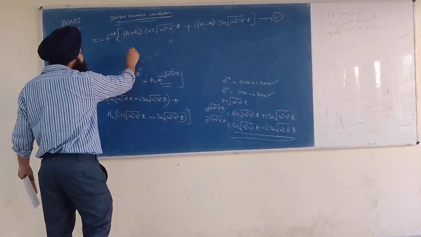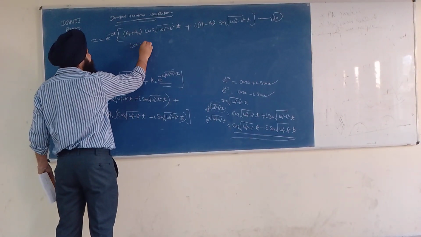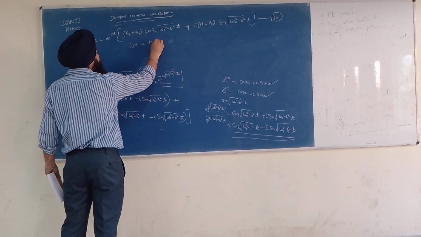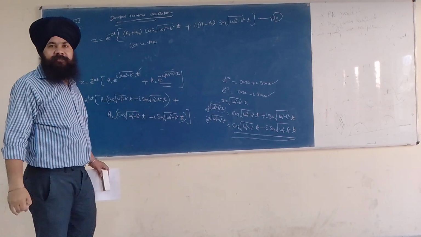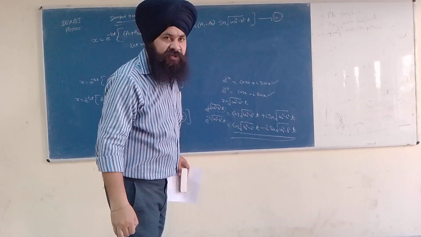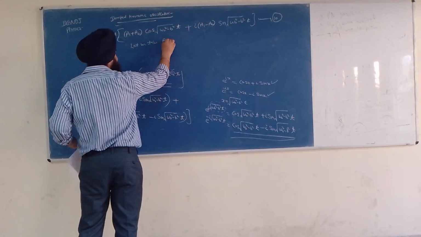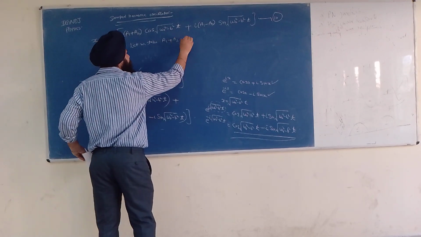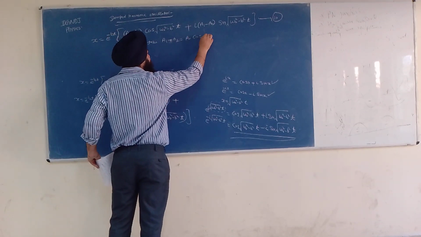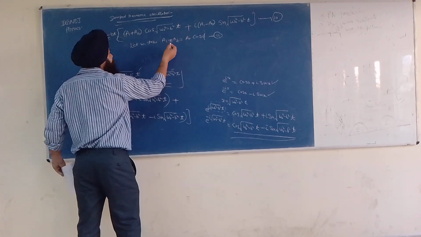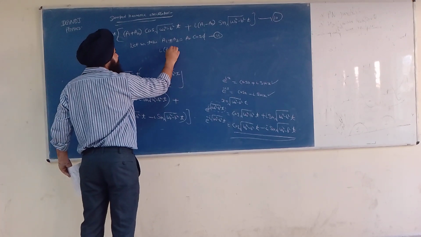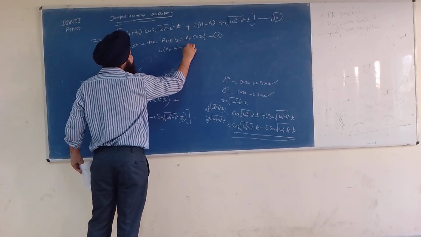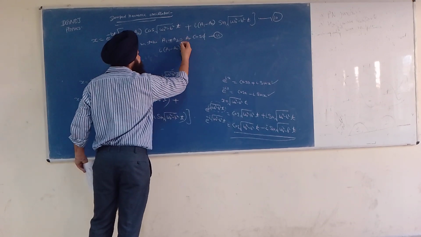Now let us say I want to simplify this equation. Let us say a1 plus a2 is equal to a naught cos phi, equation 11. And I want to take iota into a1 minus a2 is equal to a naught sin phi.